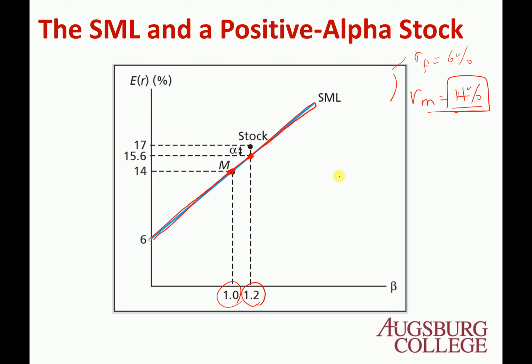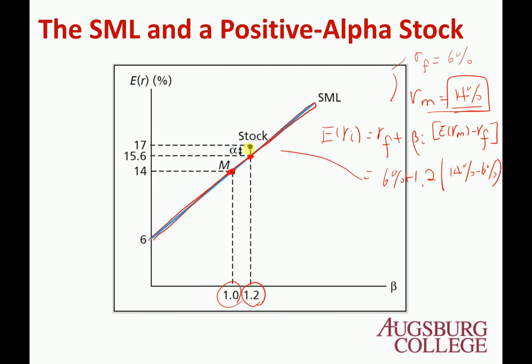If beta is 1.2, plug 1.2 into the CAPM model: expected return on I equals the risk-free rate plus beta of I times expected return on market minus the risk-free rate, right? So it's going to be 6% plus 1.2 times 14% minus 6%. It's going to be 15.6%.